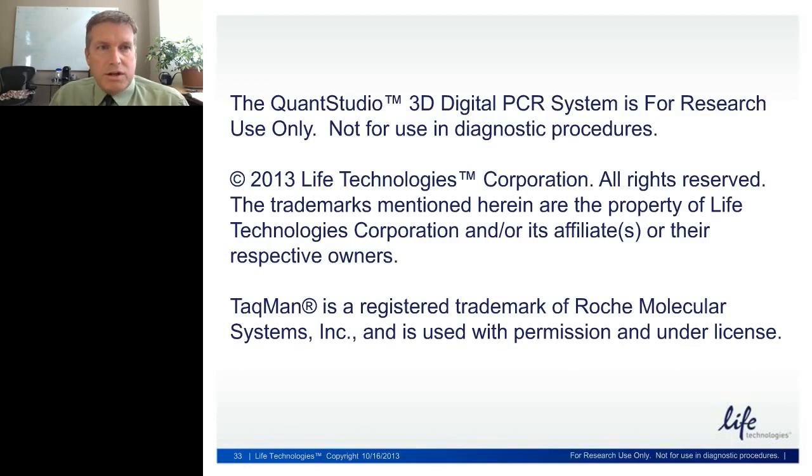So the question is, what is the difference between the digital PCR platform and our mutation detection PCR assays, which we call competitive allele-specific PCR? The CAST PCR works on a real-time system.